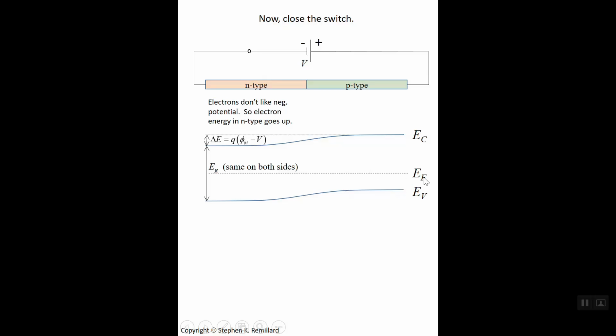So for now, we're not going to focus on what the Fermi energy looks like when we have current going through. The gap doesn't change. The battery has no ability to change band gap. So it's the same. If this is silicon base material, it's the same 1.12 electron volts all the way across.